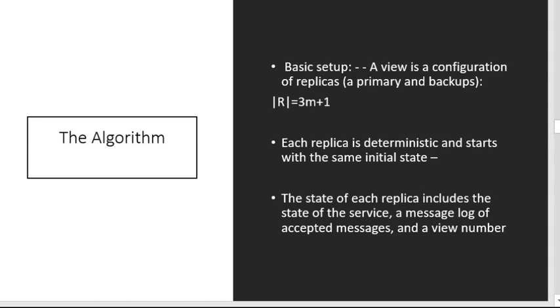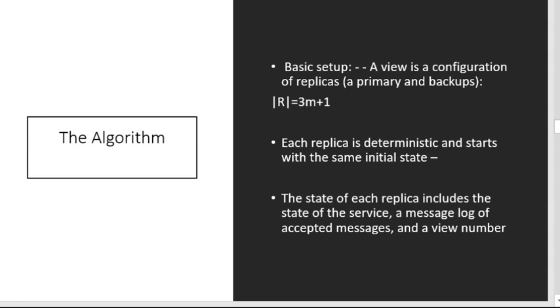Here the basic setup is that a view is a configuration of replicas, which consists of a primary and the backups. The backups are prepare and commit. These three come under the backups, as we discussed in the earlier slides. 3M+1 is the minimum requirement for finding M faulty traitors.